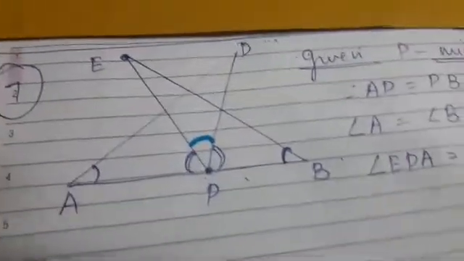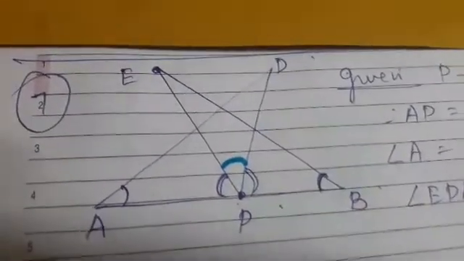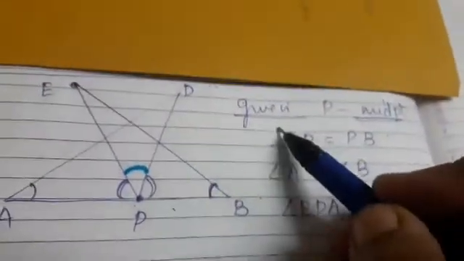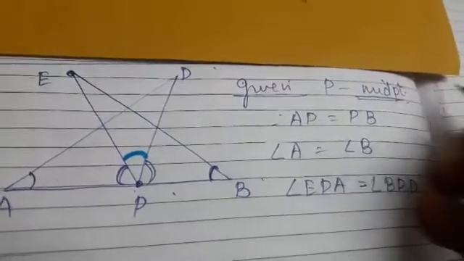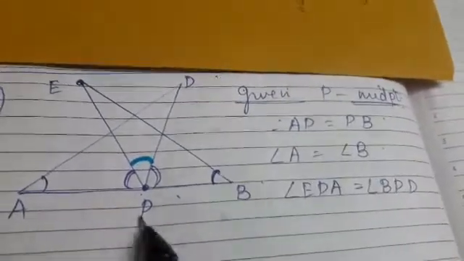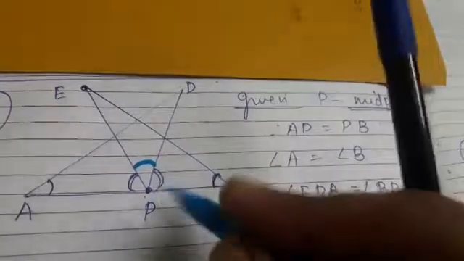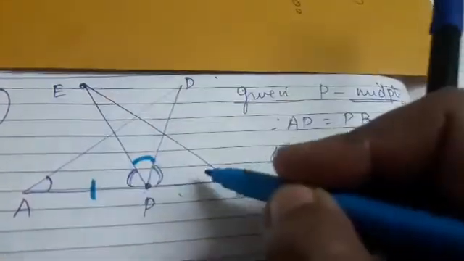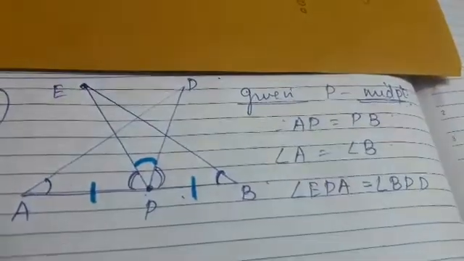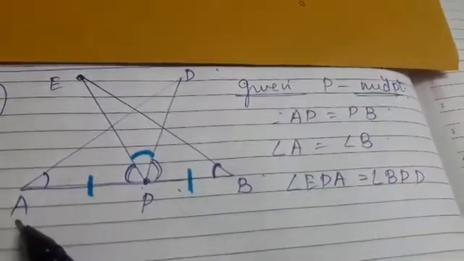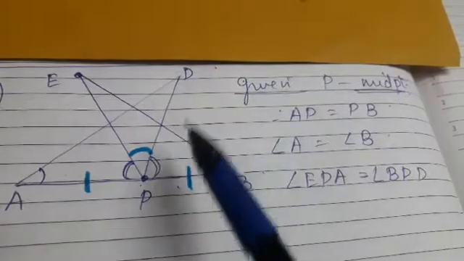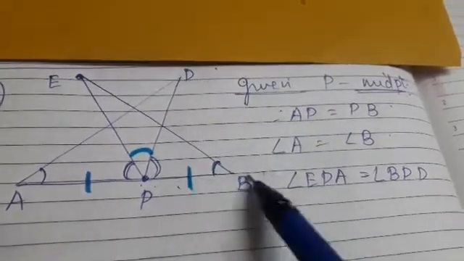Now check here, same diagram. P is a midpoint, so I have written what is given: P is a midpoint of AB. Then AP is equal to PB, which we can highlight like this. These are equal sides. Now, EPA is equal to DPB or BPD.